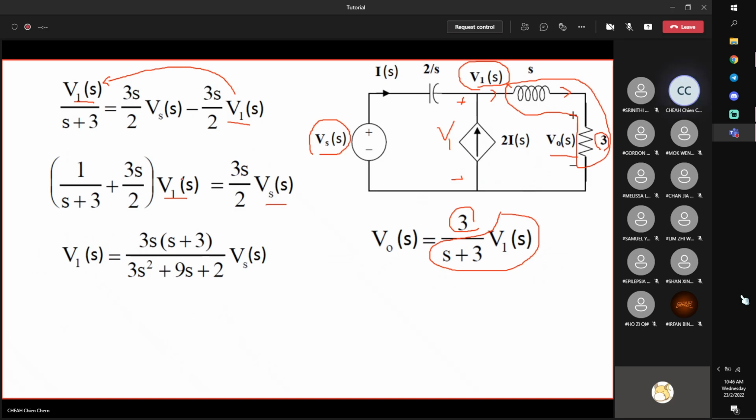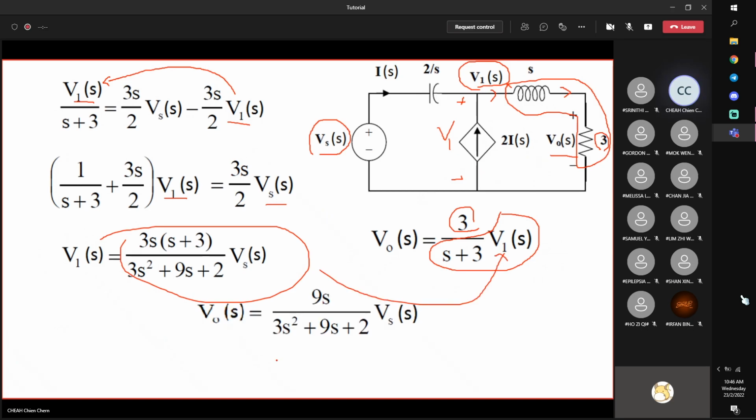After that, I can substitute this whole thing, which is V1, into here. Then I'll get the next expression. Some of these terms can be cancelled out after you multiply them together, and this gives us this term.